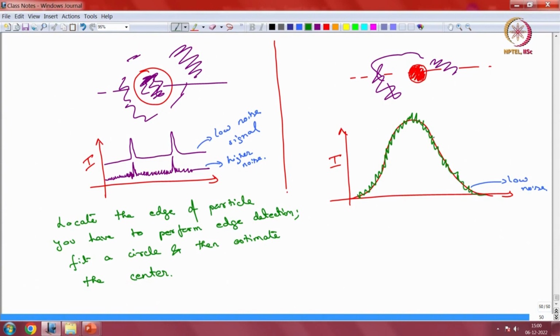So, this is a higher noise case. Here, if you wanted to track the center, you have to track the brightest pixel, and that is the center.